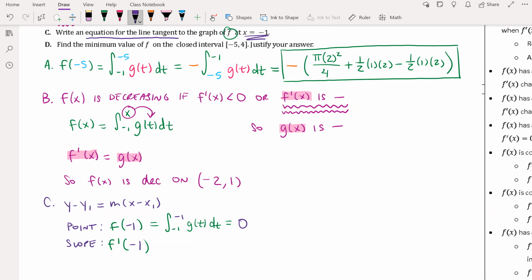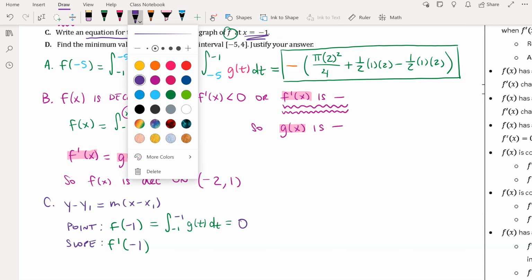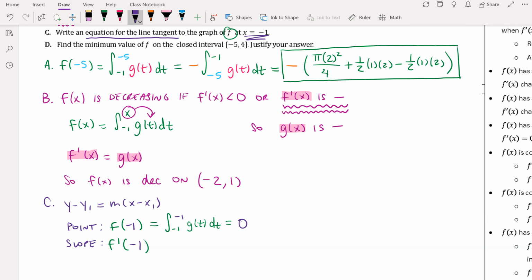And then f prime, y'all, didn't we just write what f prime of x was? F prime of x is the same as g of x. So f prime of negative 1 equals, that's the same thing as g of negative 1. So what is g? G is the graph. So we need to go back up to our graph and find what is g of negative 1.